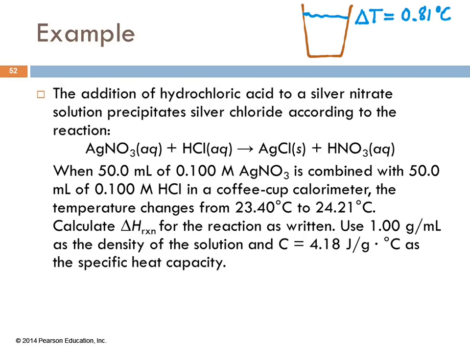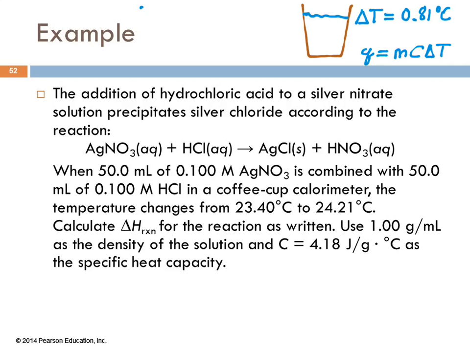Did they give us the mass of the water? Because we're thinking we're going to need to do some Q equals MC delta T thing, right? And we don't know what the mass is. So let's think a little bit more about what did we put into the calorimeter?